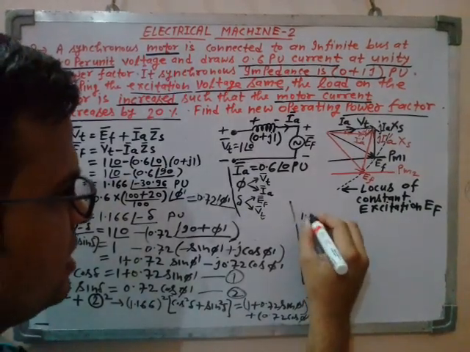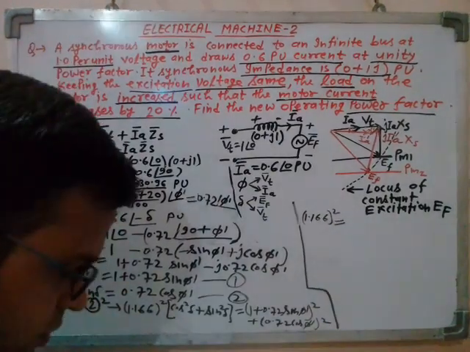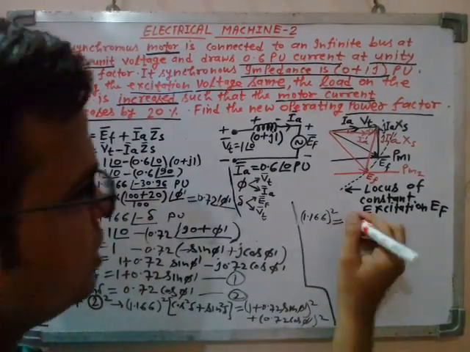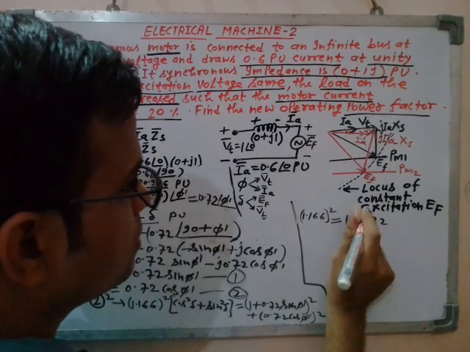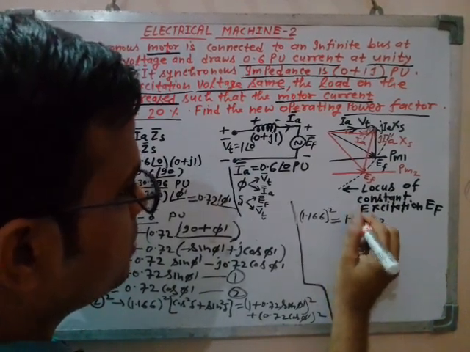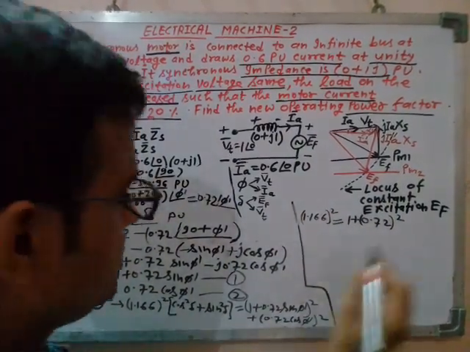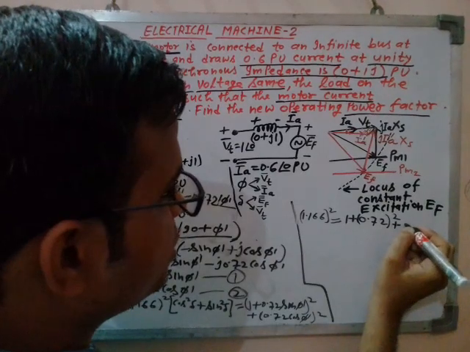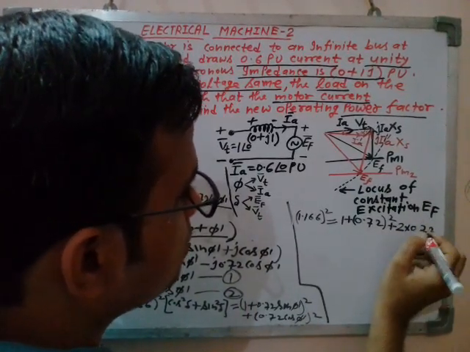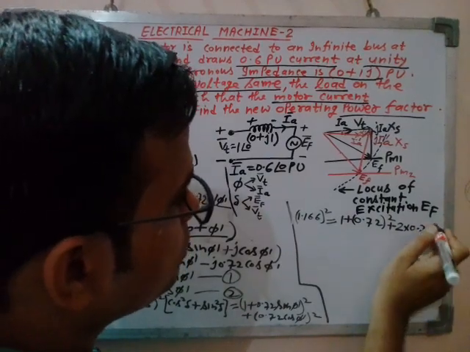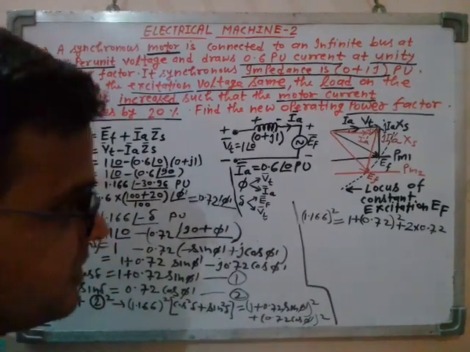You will get on the left side 1.166 square is equal to 1 plus 0.72 square, plus another term, 2 into 0.72 sin phi dash.